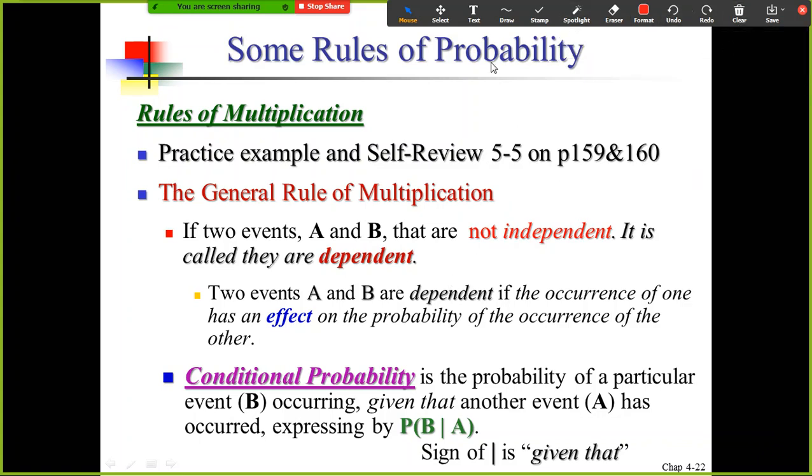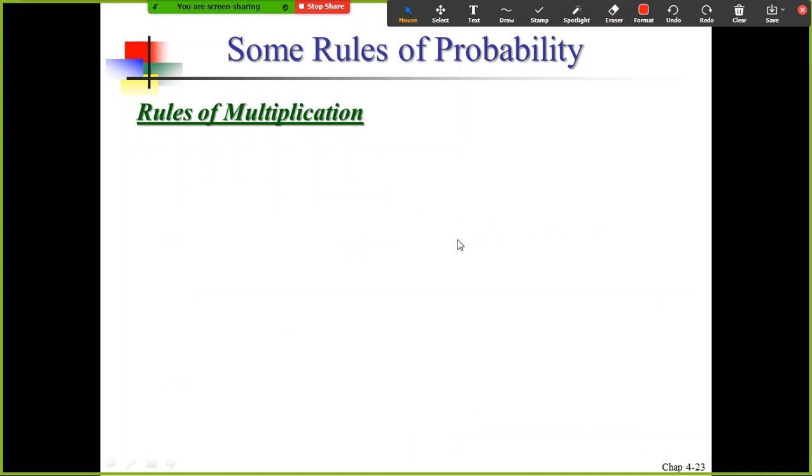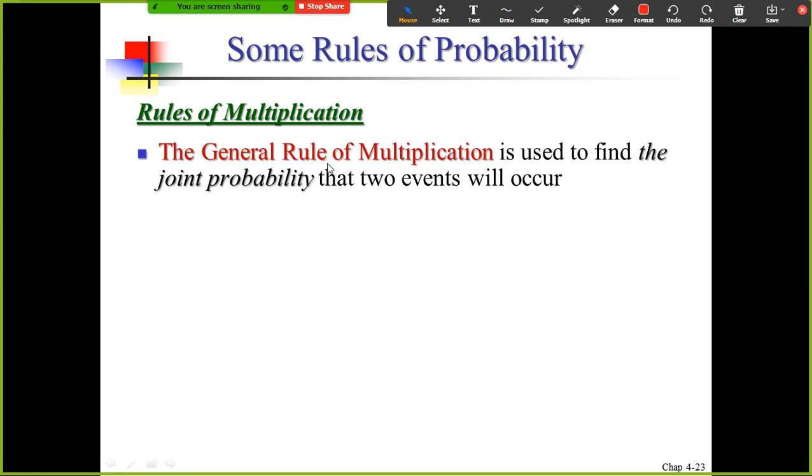The general rule of multiplication is used to find the joint probability that we learned from the previous video. The general rule of multiplication is used to find the joint probability that two events will occur.